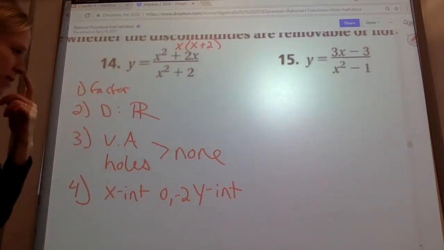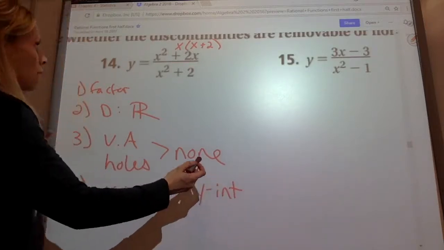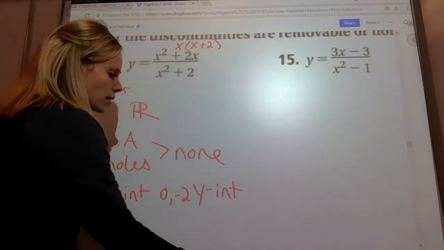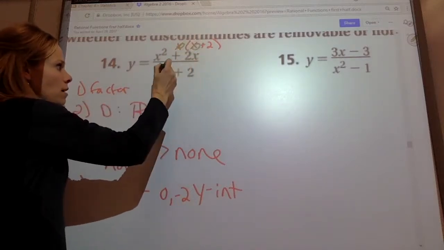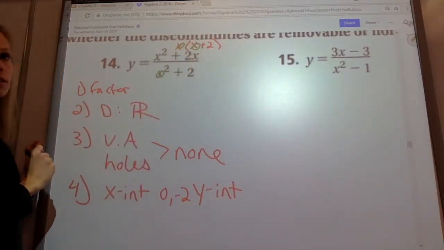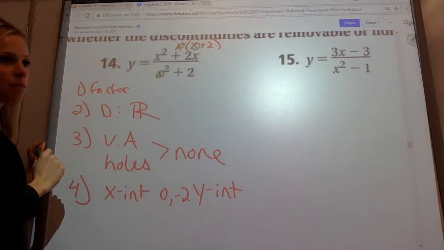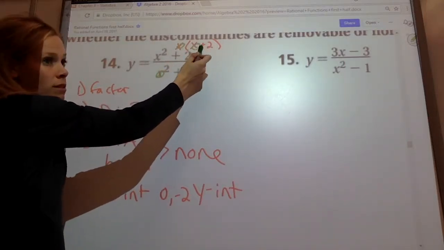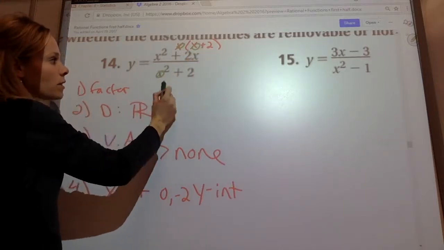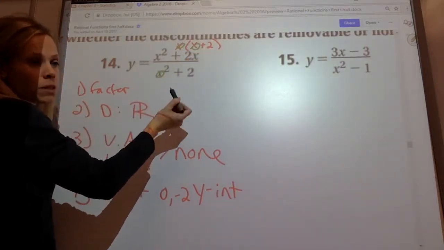What about the y-intercept? Y-intercept, what do I do? I put 0 in for x and solve it. What do I get? 0 times 2 is 0, and 0 divided by 2 would be 0.